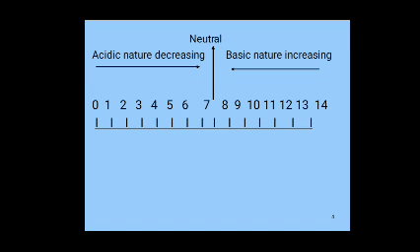Increasing pH from 0 to 7, the acidic nature decreases; increasing from 7 to 14, the basic nature increases.